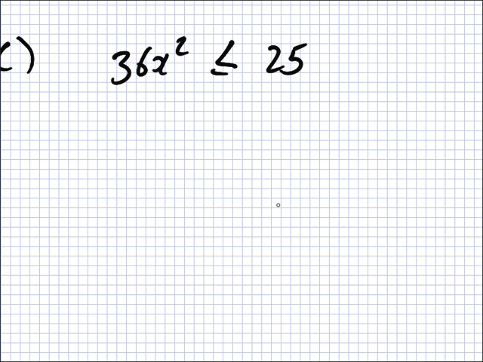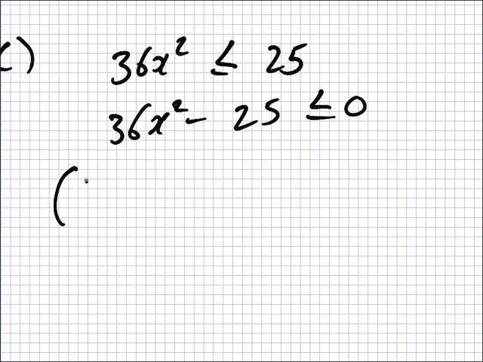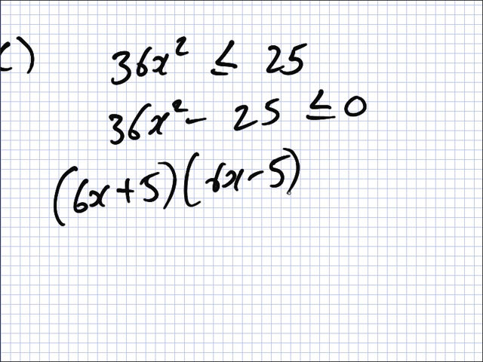So what were you supposed to do? Well, yeah, but before that. What should you do at the start here? Take the 25 over to the left. And then factorize 6x plus 5, 6x minus 5.